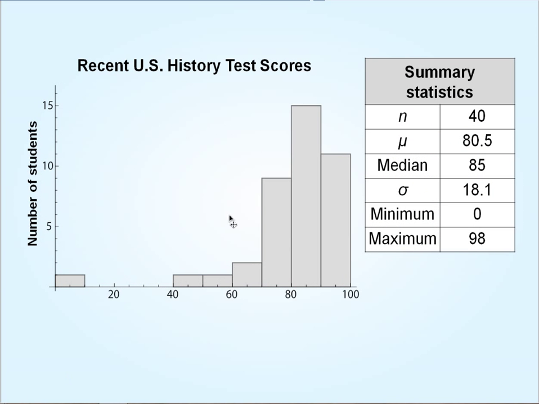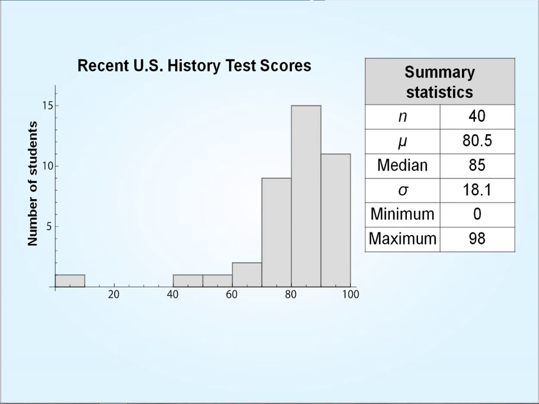So here we've got a histogram of all the grades, and we have N, which is 40. That means there's 40 students in this histogram. We have mu of 80.5, or average. Our median is 85. We have a standard deviation of 18.1. A minimum score of 0 and a maximum score of 98.